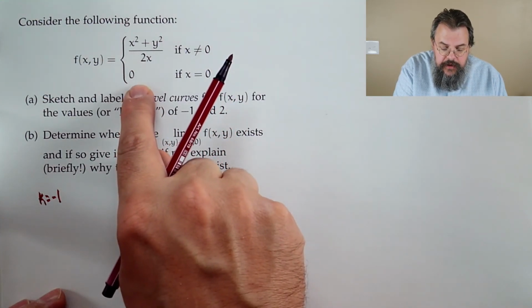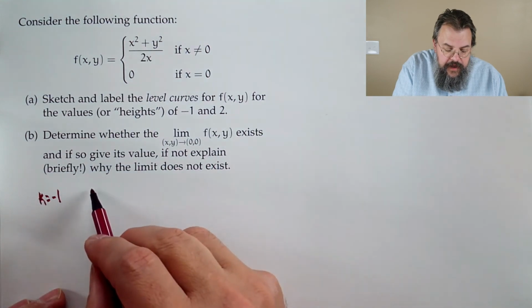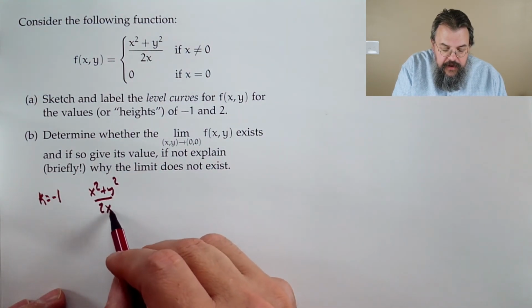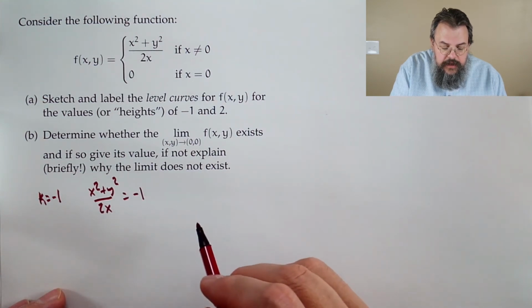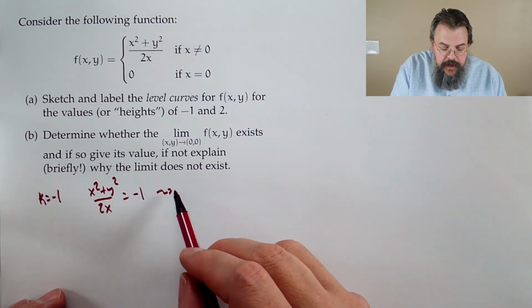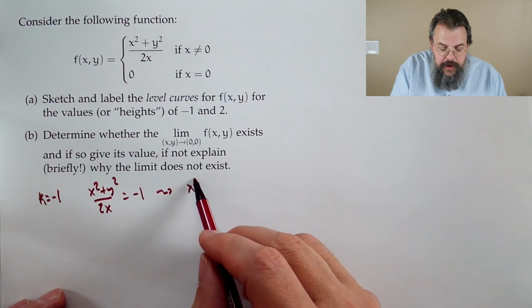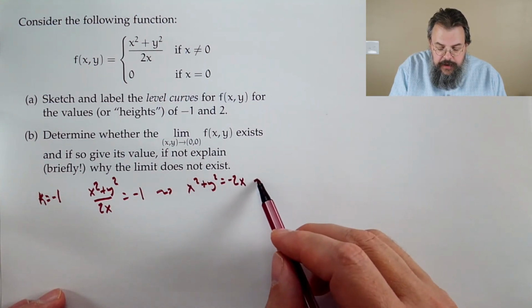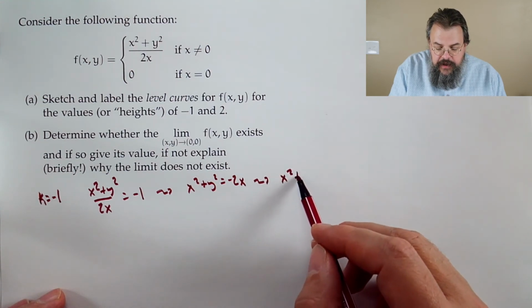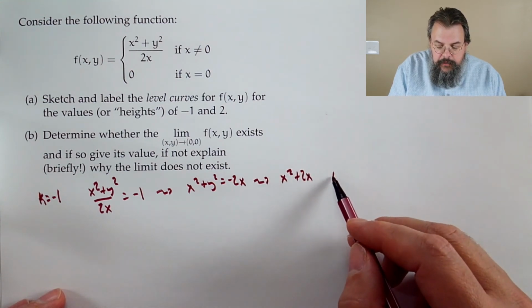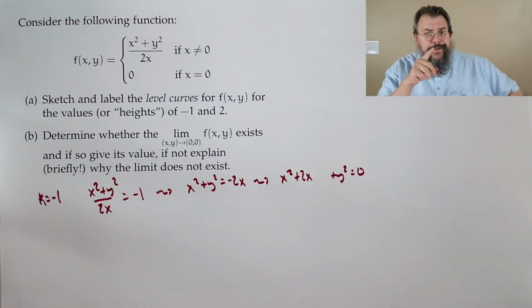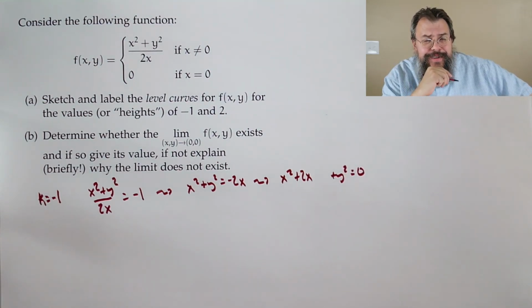Well, certainly 0 doesn't equal -1. So you'd have x squared plus y squared over 2x equal -1. And what would that be? Well, that'd be x squared plus y squared equals -2x, which would be x squared plus 2x plus y squared equals 0.